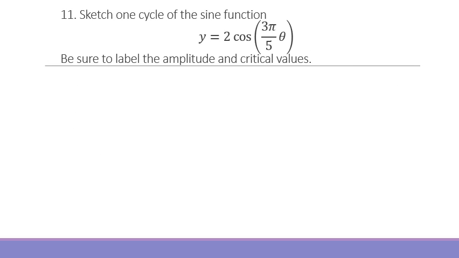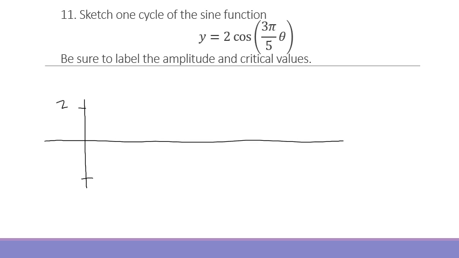Next one, 2 cosine 3 pi fifths theta. So this time our amplitude is 2 and it's positive, so we'll be starting up. If we want to find the period, we need to do 2 pi divided by the cycles, 3 pi fifths, so let's flip and multiply instead.